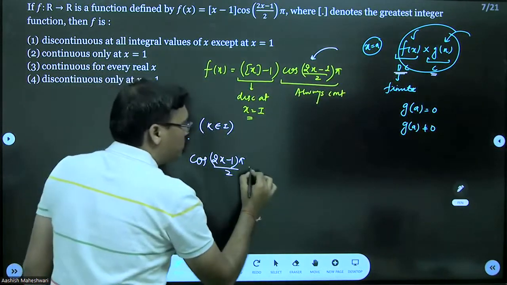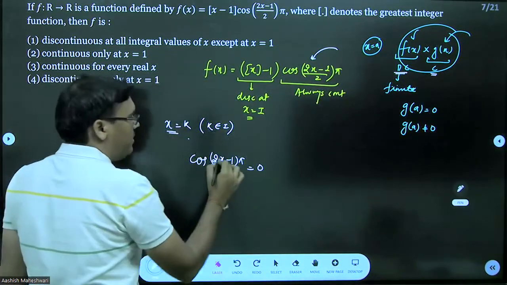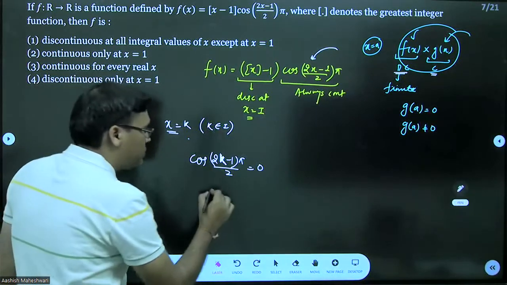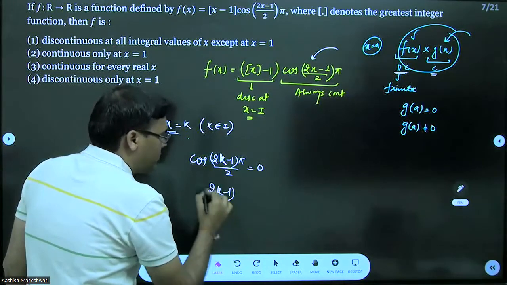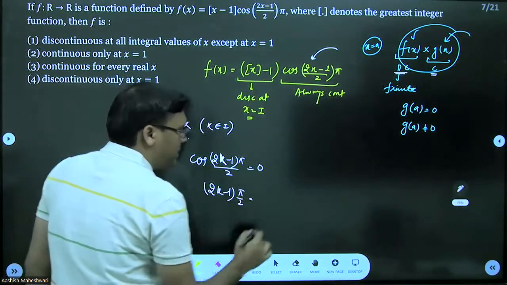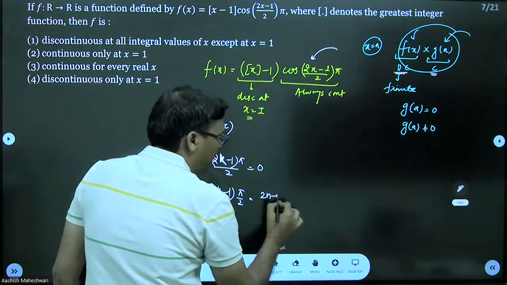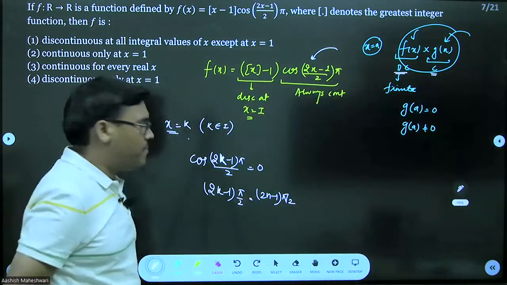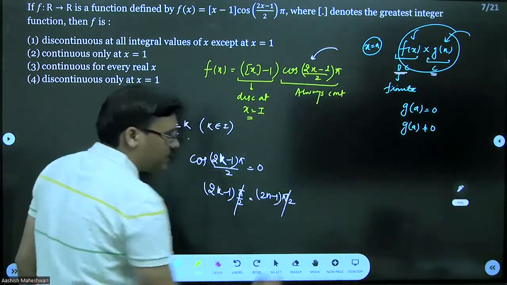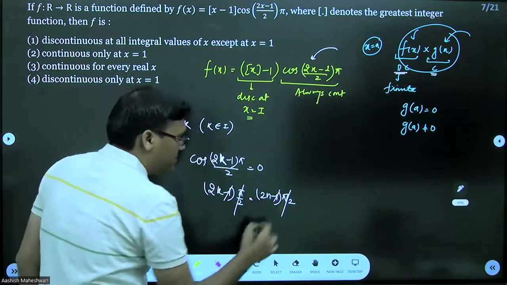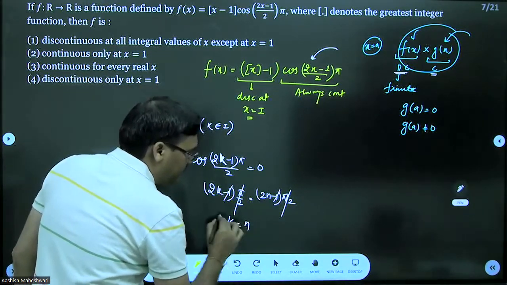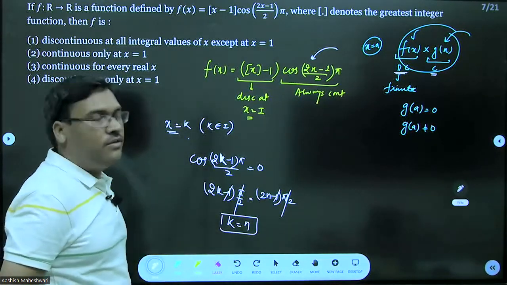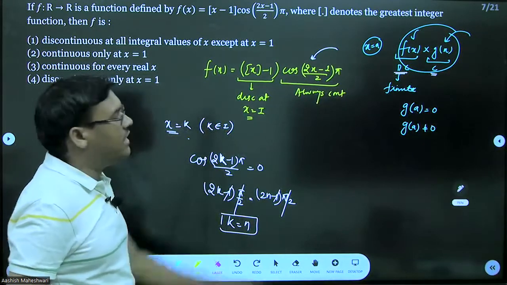I want this to be 0 at what value k, x equal to k. अब अगर ये टर्म 0 होना है that means 2k minus 1 pi by 2 should be some 2n minus 1 pi by 2. कोई odd multiple of pi by 2 होना चाहिए, correct. Now this you can see ये cancel हो गया, this is also cancelled, so k is any integer, correct.